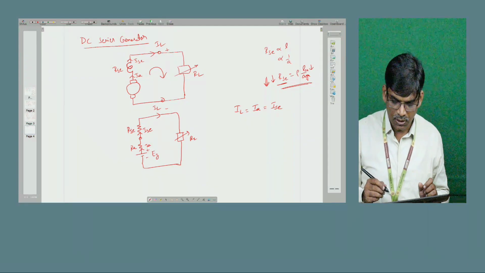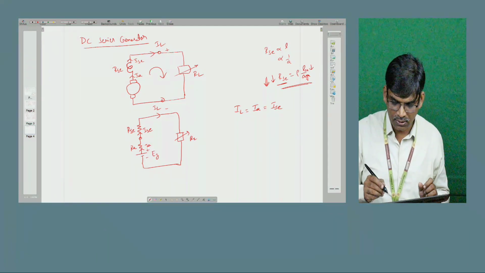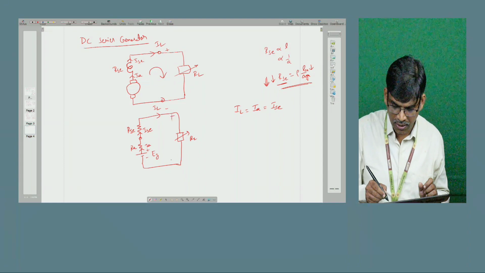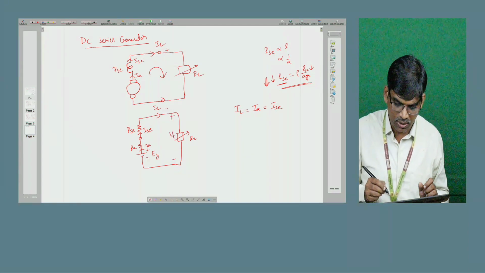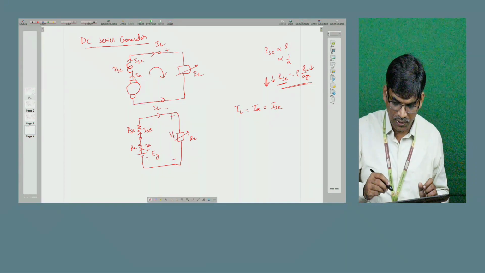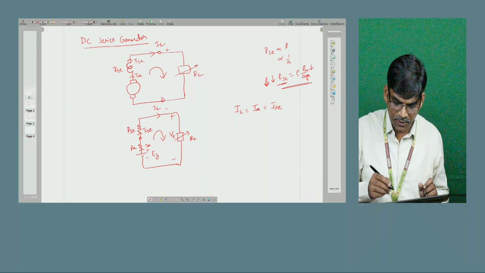You also want to calculate the external and internal parameters, the terminal voltage and induced EMF. Write the loop equation simply.